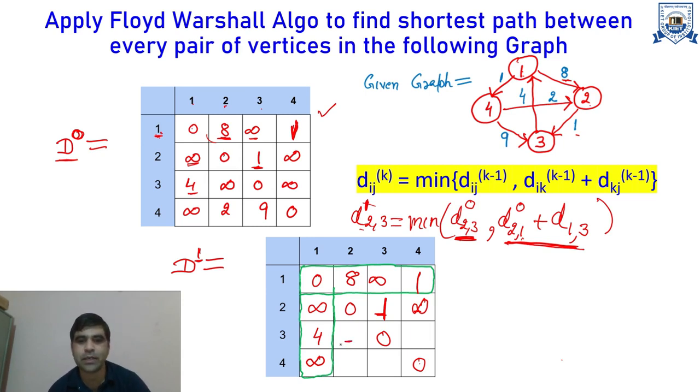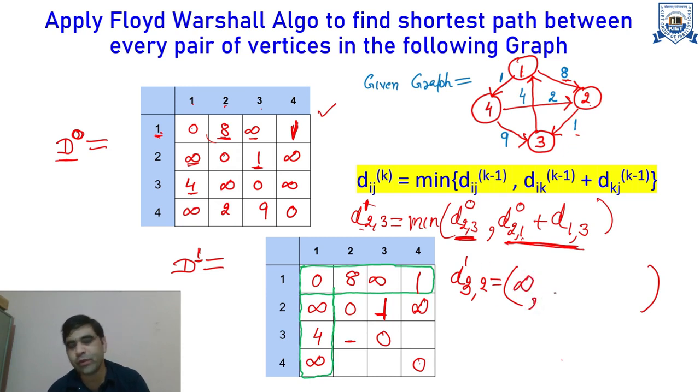Now let's see what will be the value at this place. Now we have to calculate D1 of 3, 2, means from node 3 to node 2. So what we need to find out, one is the direct weight. Direct weight in this case, from 3 to 2 is infinity. There is no edge.